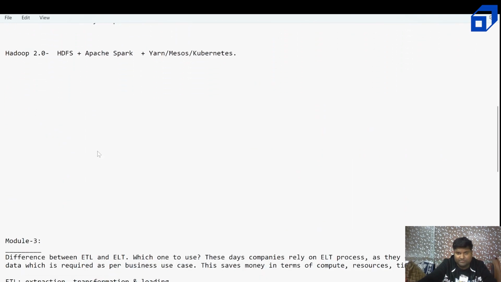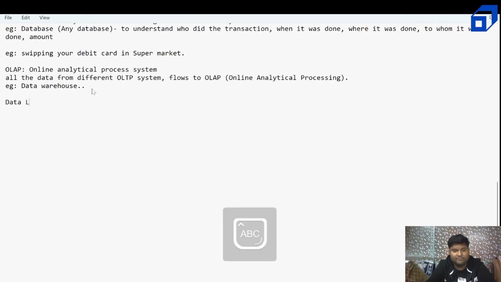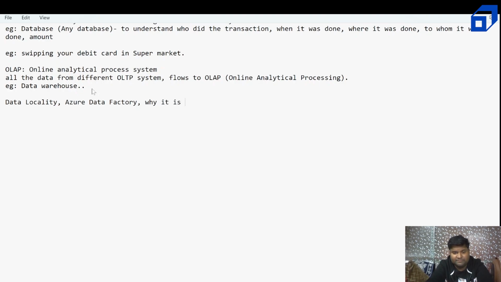We'll go to the next topic, which is data locality, and we'll start discussing our topics upon Azure Data Factory, why it is used, and components of Azure Data Factory.